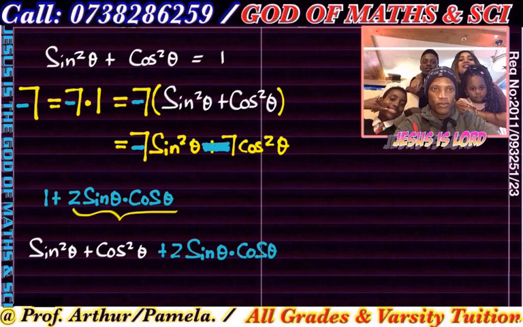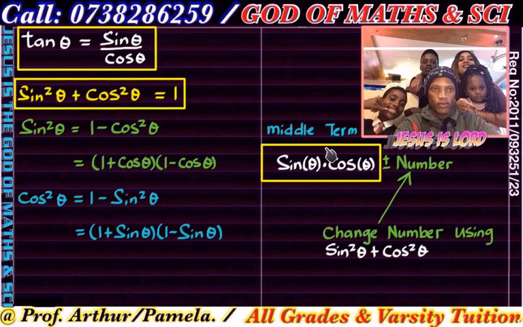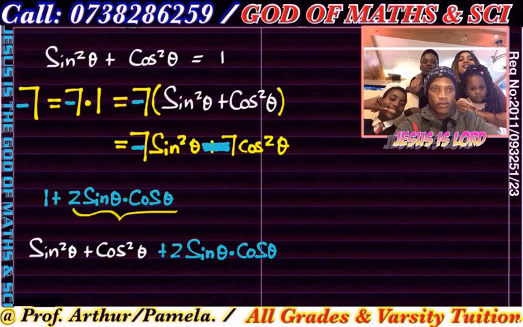Now remember I said this one, sine times cos, is a middle term. It's in the middle. So that means you can rearrange this one. You can take the cos squared theta and put it over there, and then you now have that.